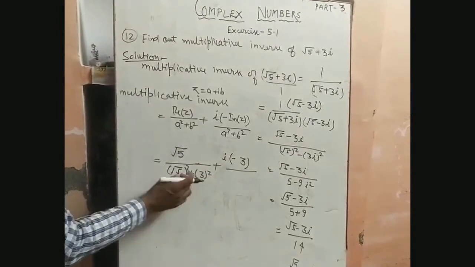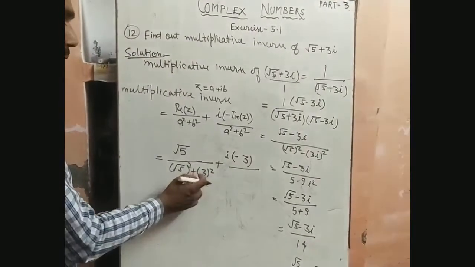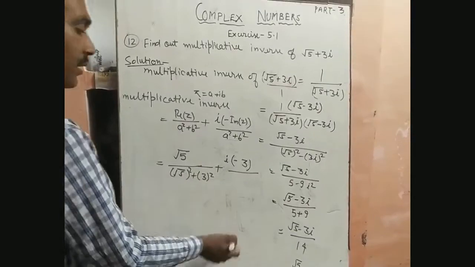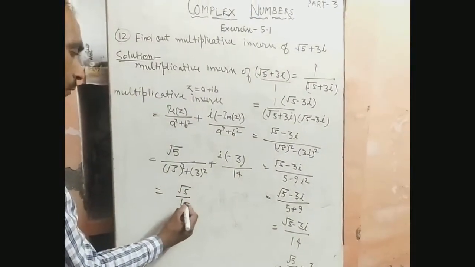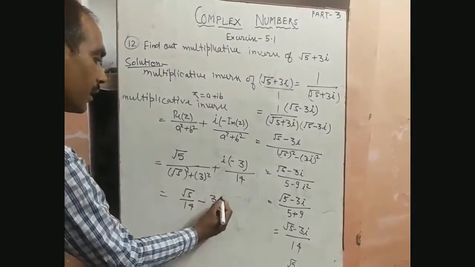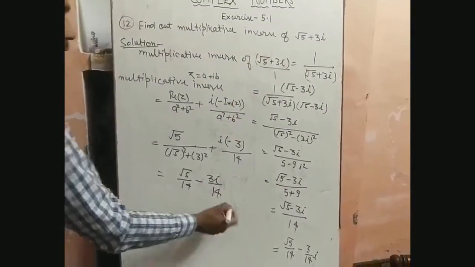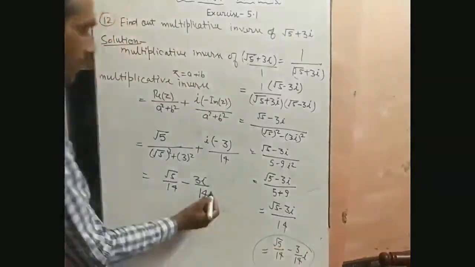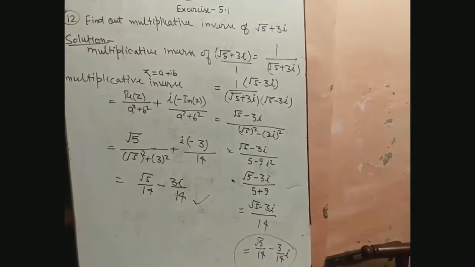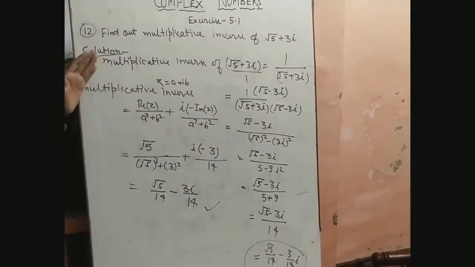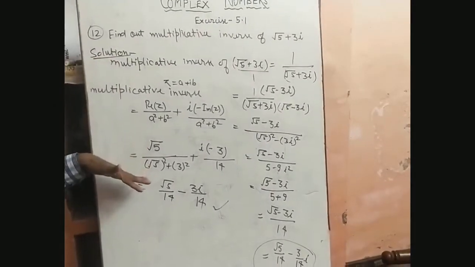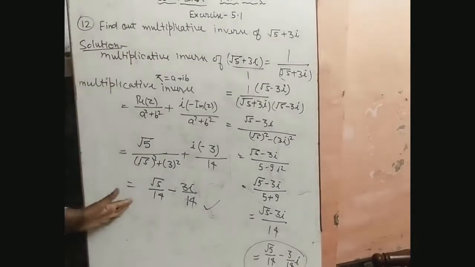What is the value of this? Root 5 square means 5 plus 9, that is 14. Then you get root 5 upon 14 minus 3i upon 14. If the question is for 1 mark, then you use this method.